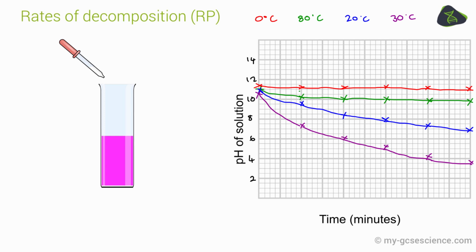Now, this investigation can be done slightly differently in the case that you could look at some slices of bread and compare how they look on a daily basis if they are left in different temperatures. However, it's a very subjective way of looking at data, and it's qualitative data rather than quantitative data.